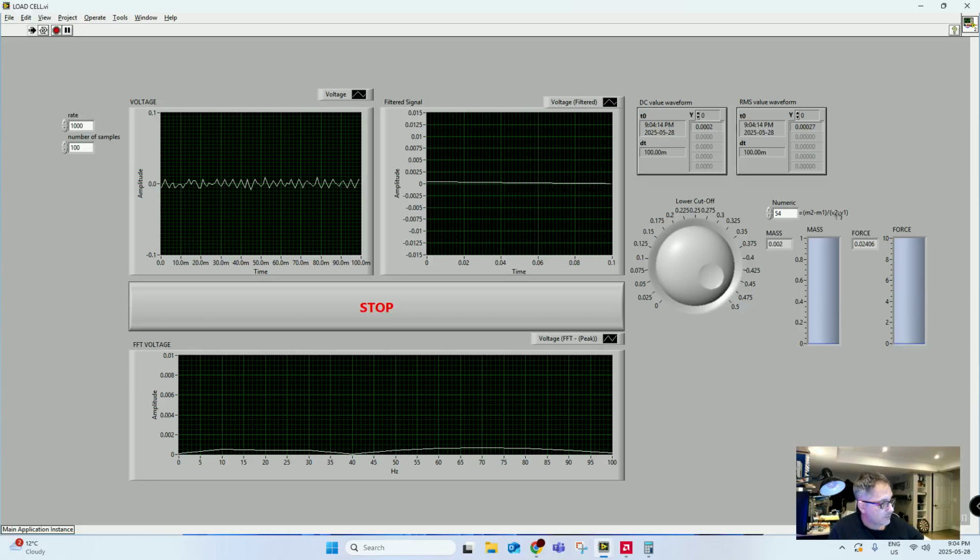Now let's take also the 200 grams like this. Let's put it here on the load cell, and we have 200 grams. That's correct. And now let's take 100 grams. This one, let me see if you see. Yes. Now put it here.